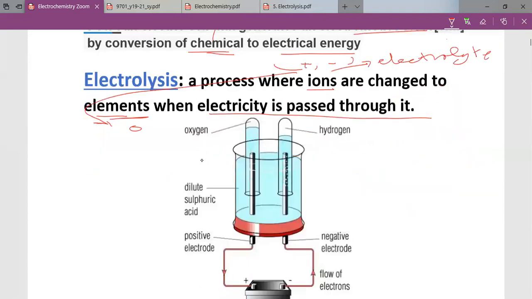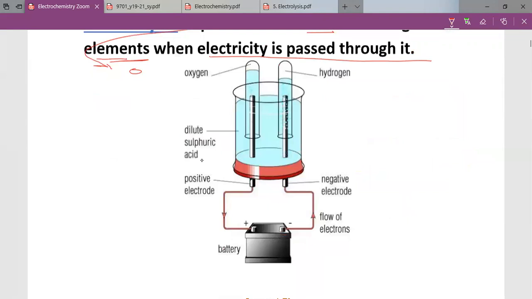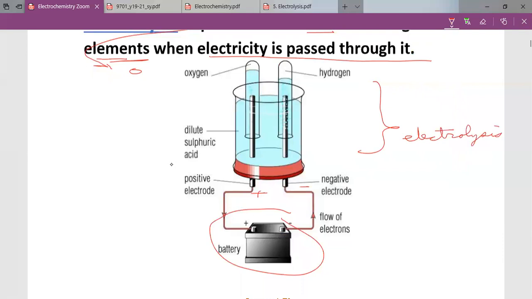Now look here, this is electrolysis. This is a source, a battery, the source of energy. Electrons are flowing here, negative, and here positive. So this is electrolysis.